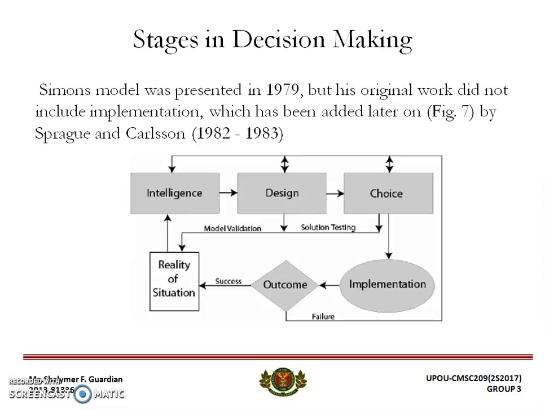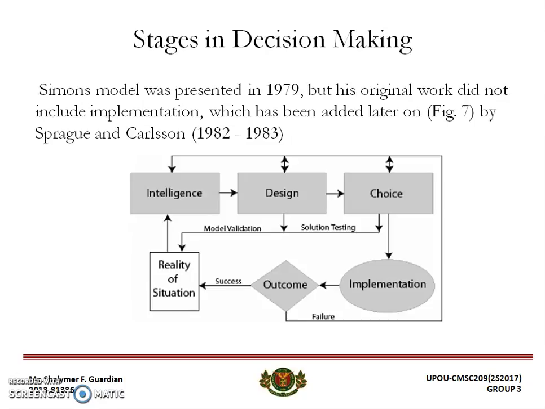As you can see, Sprague and Carlson used Simon's model, wherein from intelligence to design, they created this as a model validation in the model-based component of the decision support system. And then the next one is choice, wherein solution testing is created.